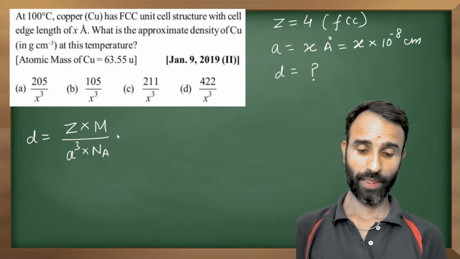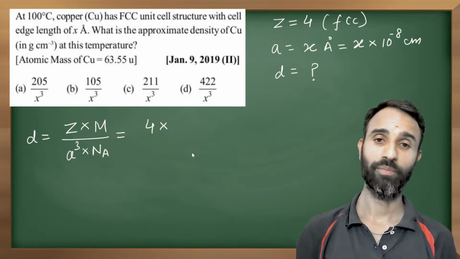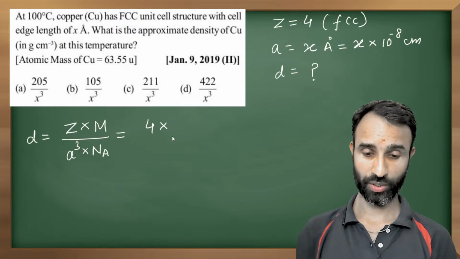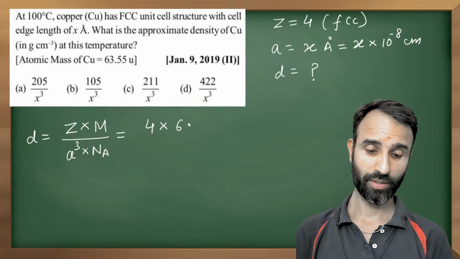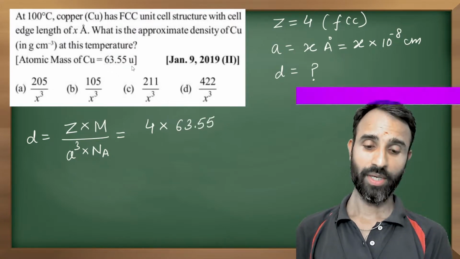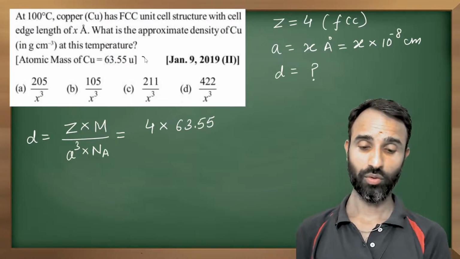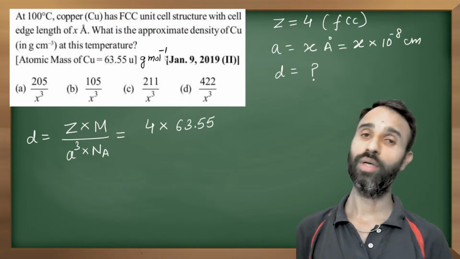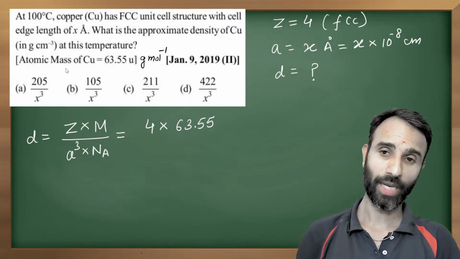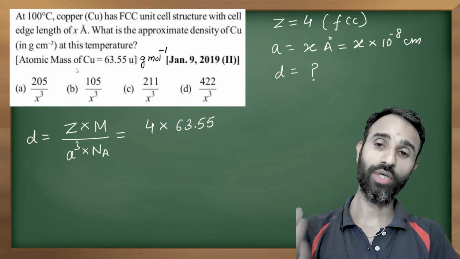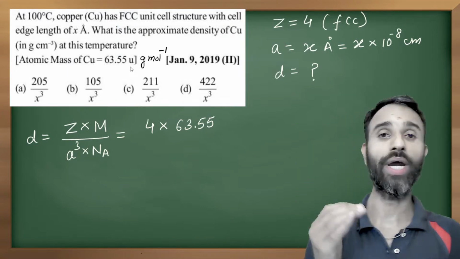Z is 4 as it is FCC unit cell, and molar mass is given as 63.55 U. U is for one atom's atomic mass, and to find its molar mass, atomic mass of copper is 63.55 U, unified mass.